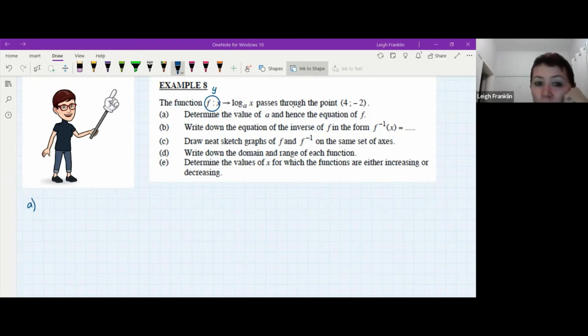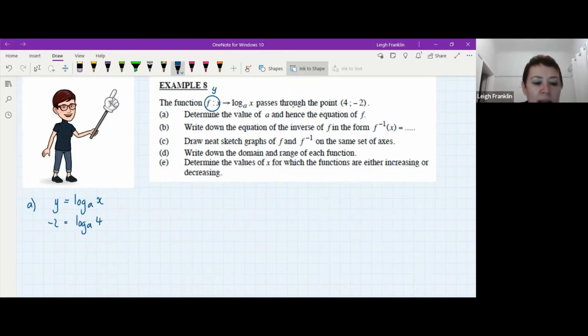In other words, if you've got y equals log a x, just like whenever we're solving for a in any function, we need to sub in a point. So here our y is going to be -2. We've got log a, and then our x is going to be 4. And now you can work backwards. So how would you write this if you wanted to go back the other way?